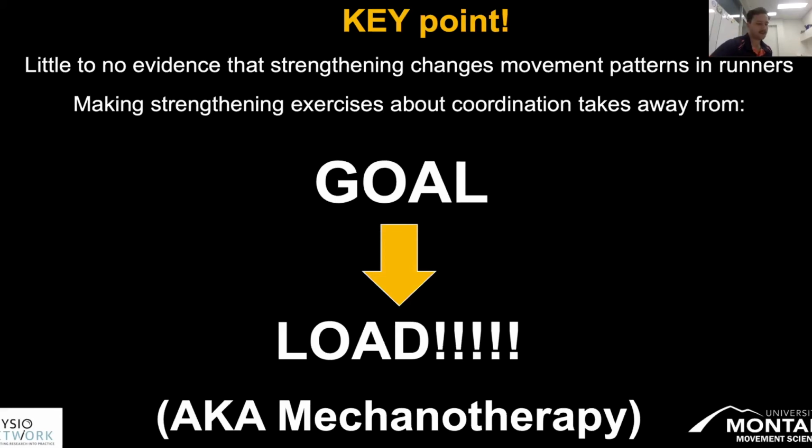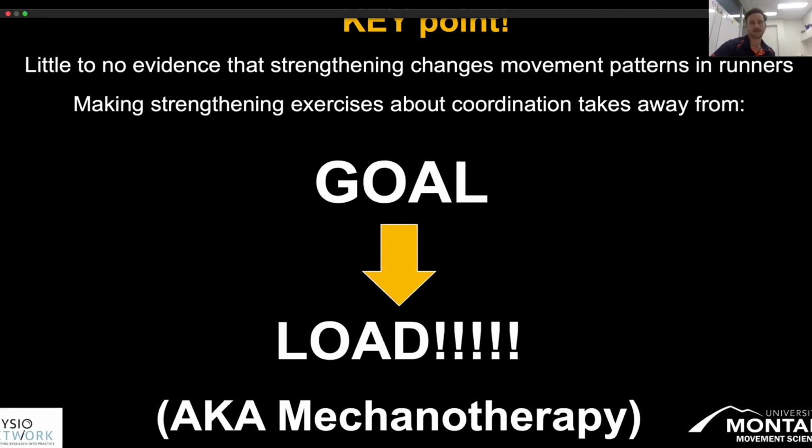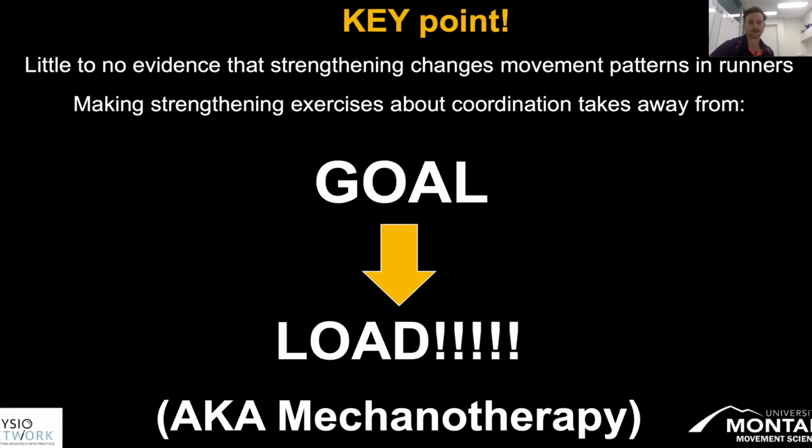If a runner has a weak muscle, it's not so much about targeting that muscle, it's strengthening the whole complex. It's not just the calf muscle, it's strengthening the Achilles tendon, the bone that the tendon attaches to, the whole complex.